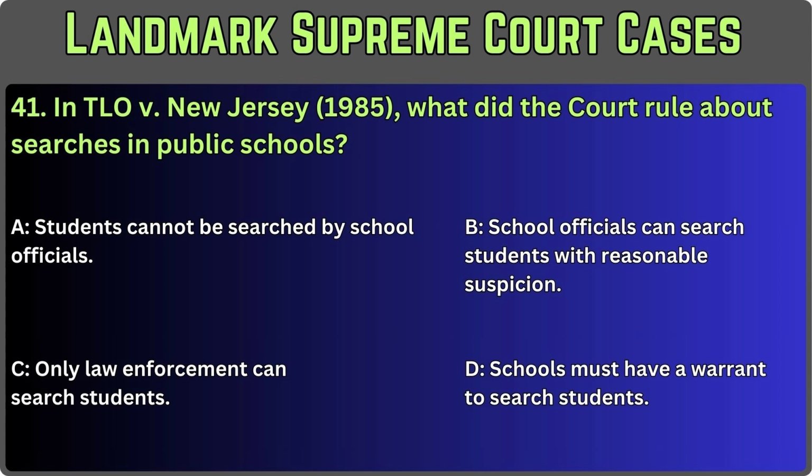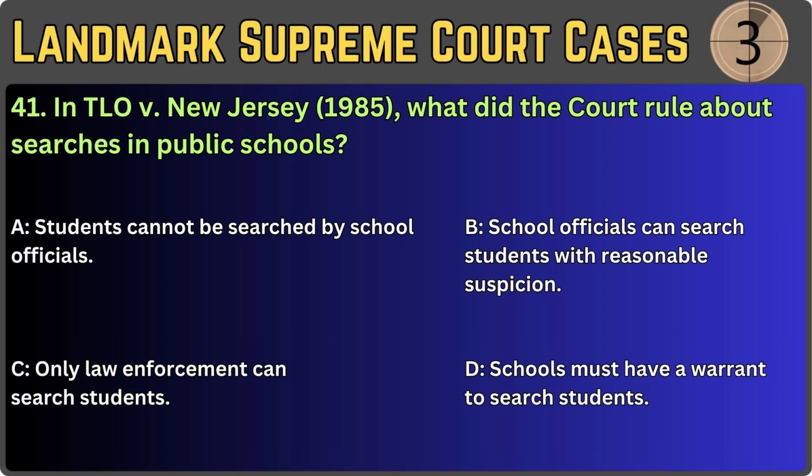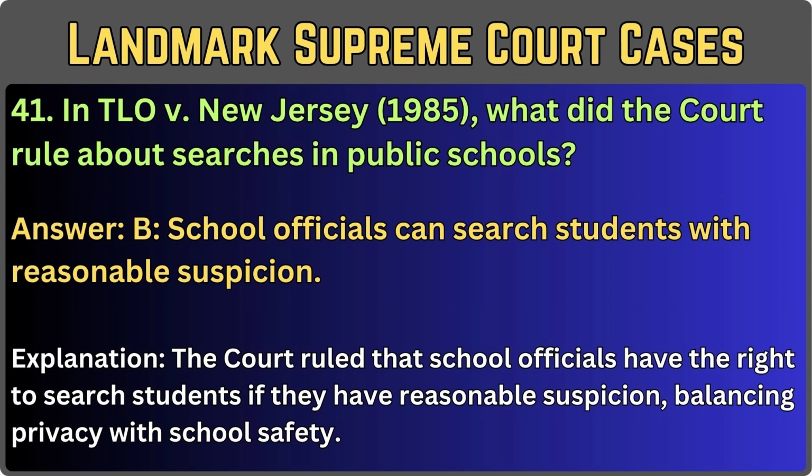D. Schools must have a warrant to search students. Answer: B. School officials can search students with reasonable suspicion. Explanation: the court ruled that school officials have the right to search students if they have reasonable suspicion, balancing privacy with school safety.